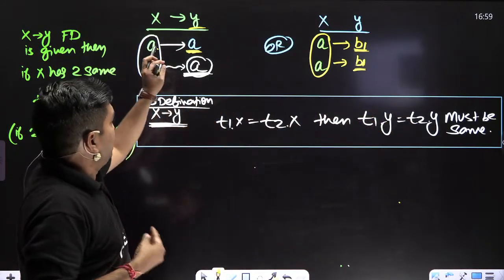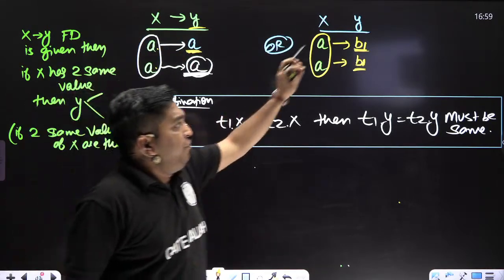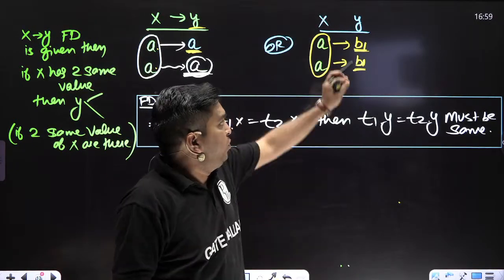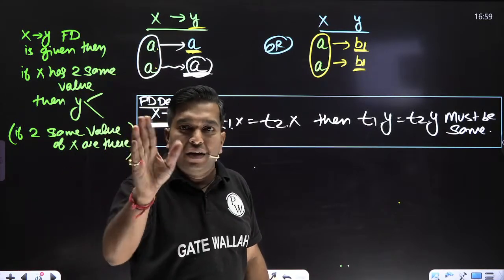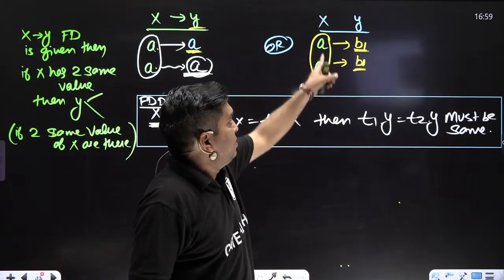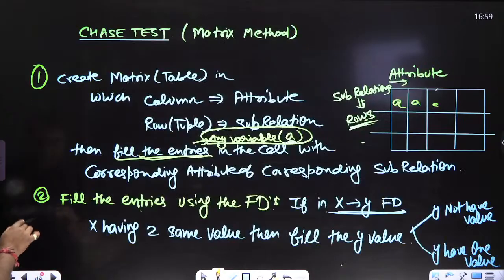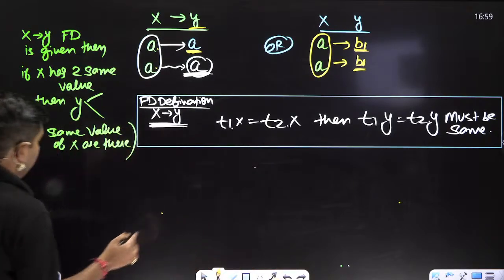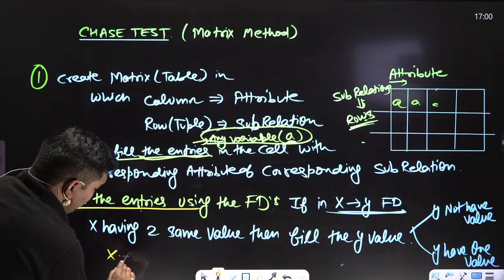So T1.X equal to T2.X, then T1.Y equal to T2.Y must be. But if in the RHS we don't have any value, then what do we do? We fill any one value, that is B1. A, B1, B1, B1. But that must be the same, satisfying the FD definition. There are two cases for this. How do we fill the entries in X determines Y?